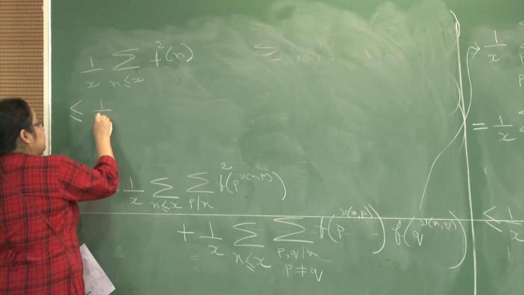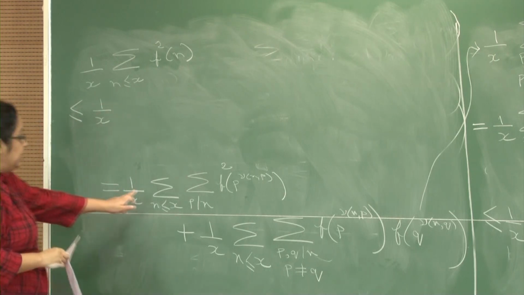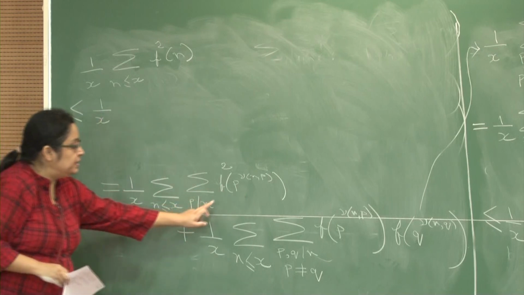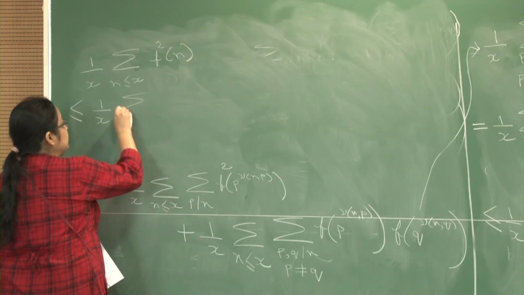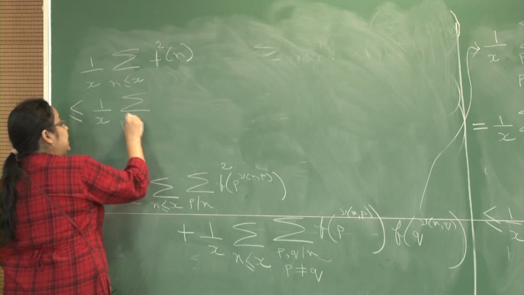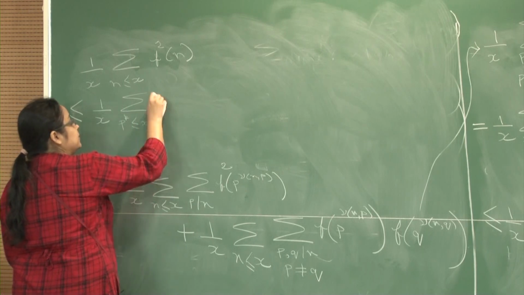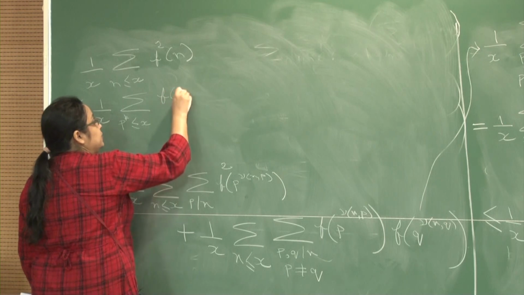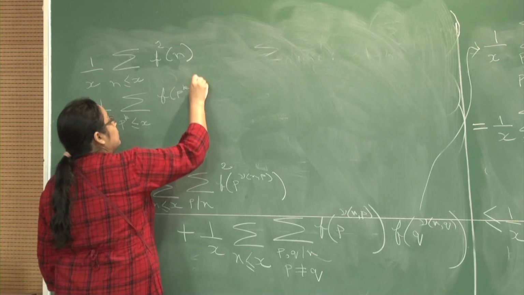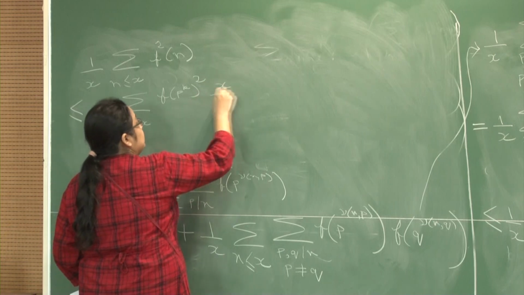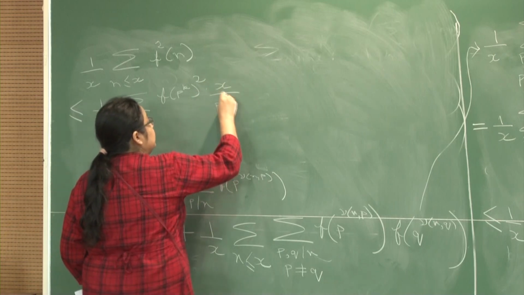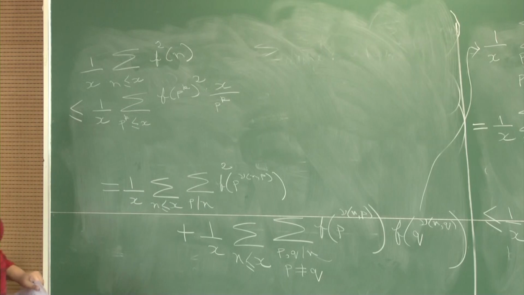First is 1 over x times, when you do a suitable interchange, what you end up getting is the summation over p raised to the k less than or equal to x of f of p raised to the k whole square times x over p raised to the k.